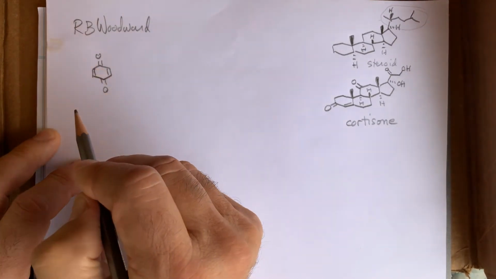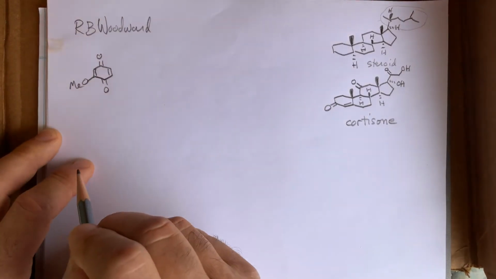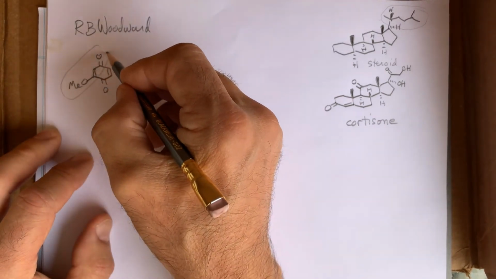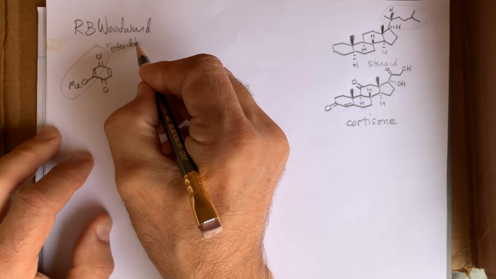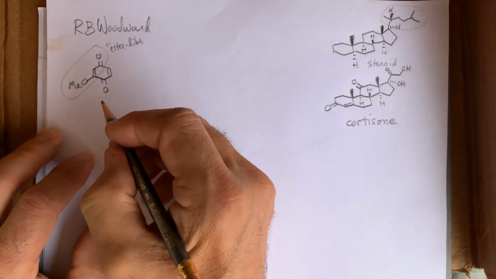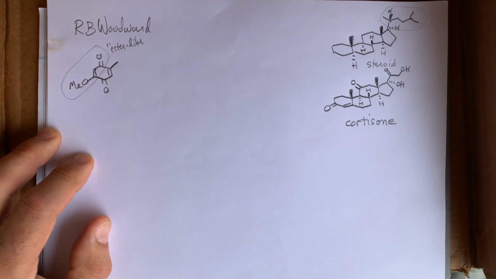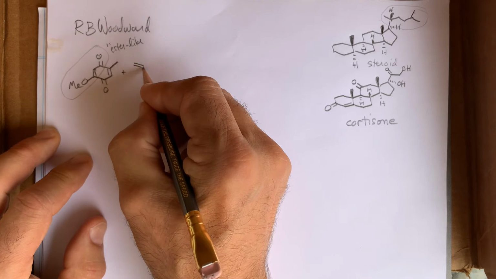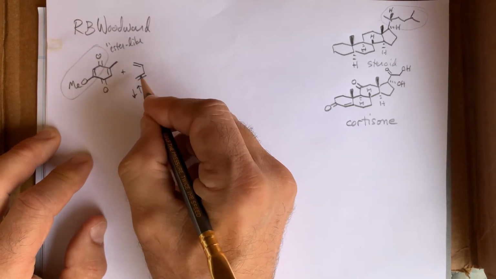Argue this is semi-aromatic, and the one he used had a methoxy group at this position, which makes this a vinylogous ester, say ester-like, which means it's more stabilized than the enone on the other side here, and has a methyl group.